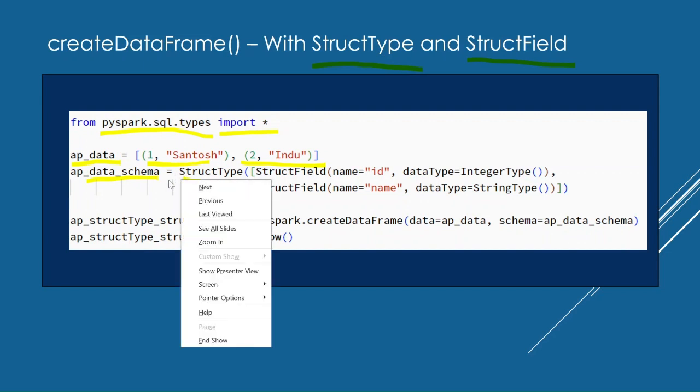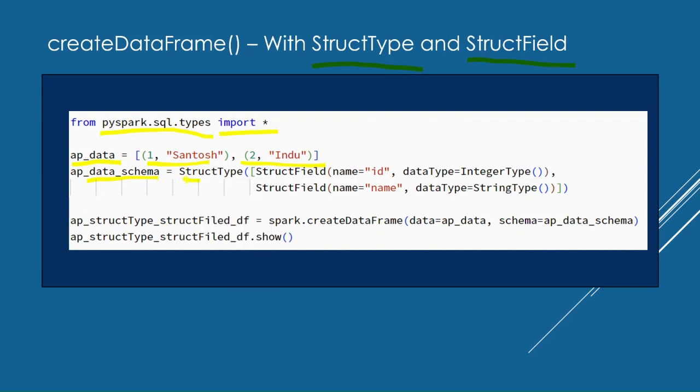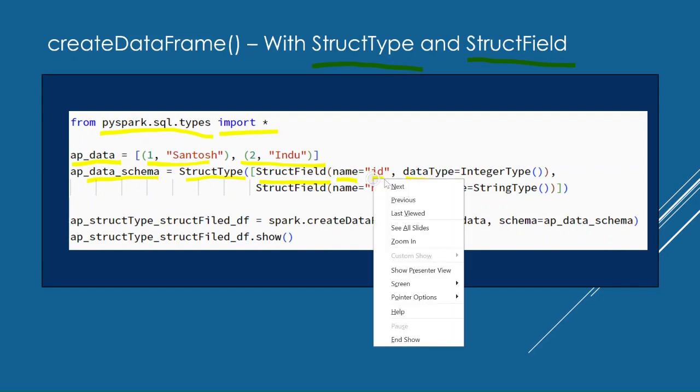So how are we going to define the custom schema? First we use a StructType, and in the StructType we are using a StructField. In the StructField, it takes two parameters. One is name and one is data type. Here, what is the name of the column? My first column is ID.